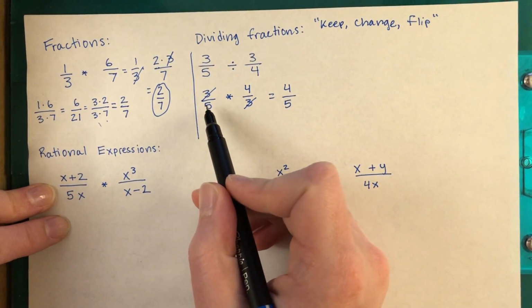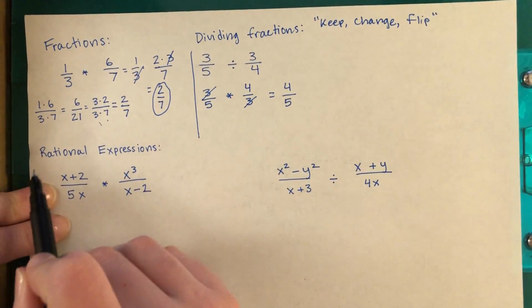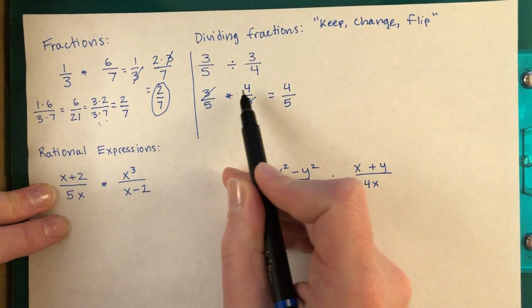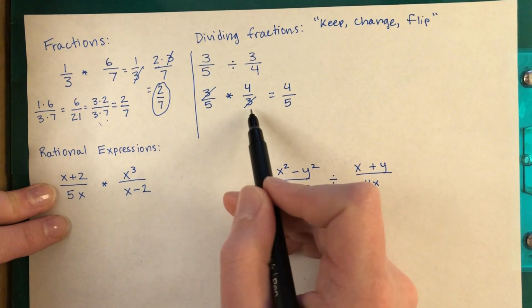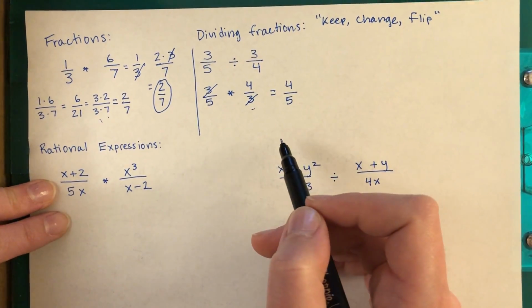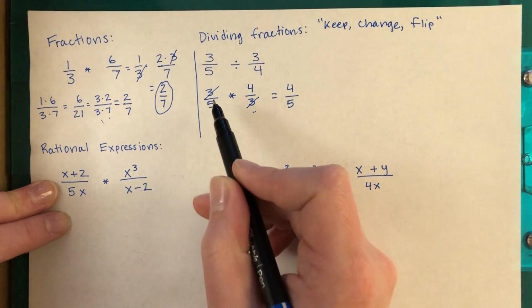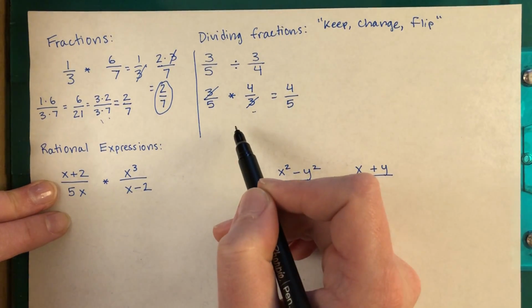Now, we could multiply across the same way that we kind of started off over here. You could multiply 3 times 4 to get 12, and 5 times 3 to get 15, and then go through that same process of looking for matches, but we would be doing some extra steps here because we already have a match before we even multiply.